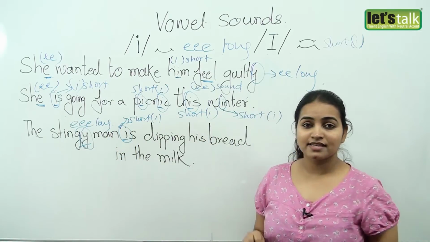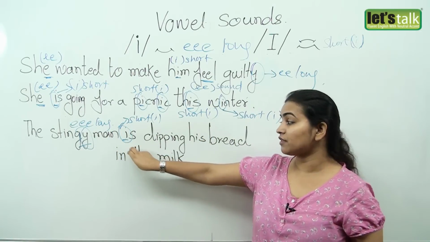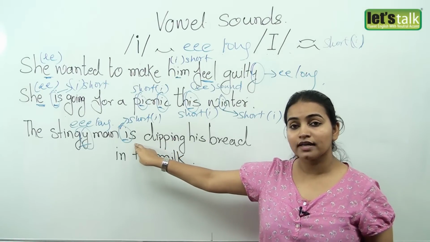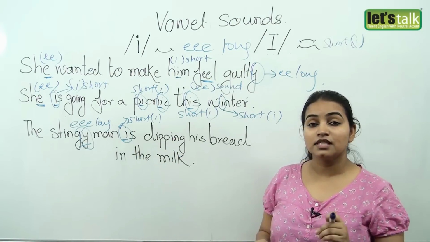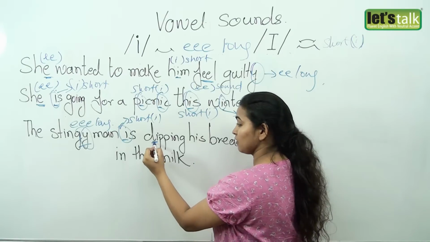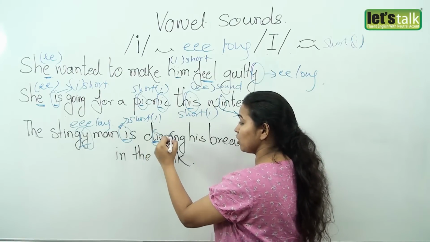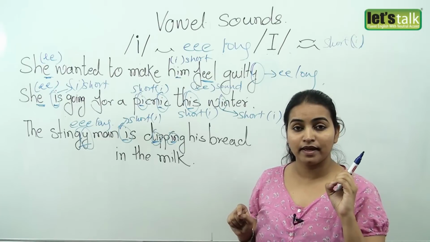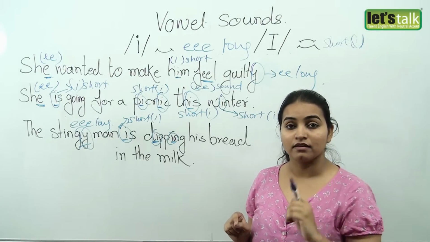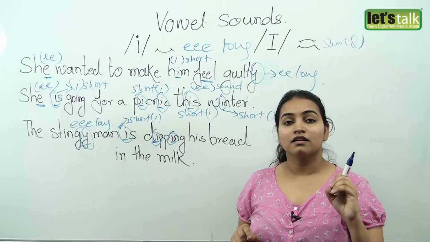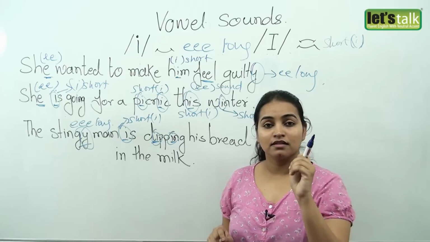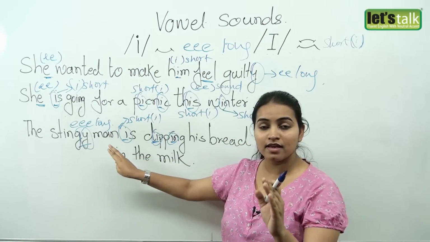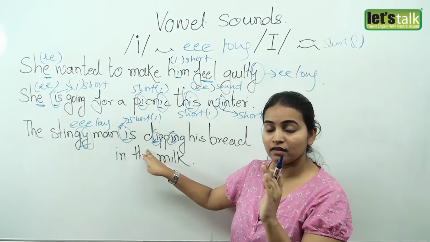So the short I sound is produced by the letter I in the word is. Dipping. Again, a short I sound because it goes di, ping. It's not dee ping, it is di, ping. The stingy man is dipping.